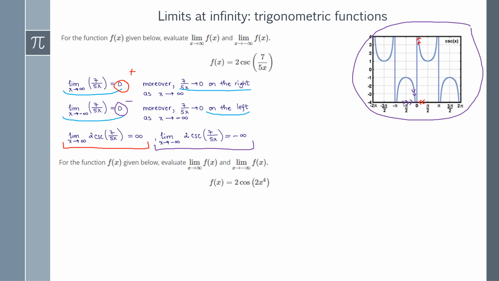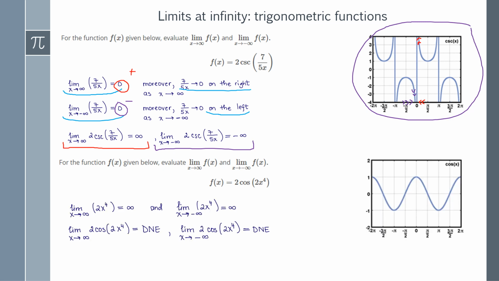Same idea, we would like to compute the two limits. Now we're working with 2 cosine of 2x to the fourth. Same principle. I'm going to first compute the limits of the argument of the function. So here I'm going to work with 2x to the fourth power.